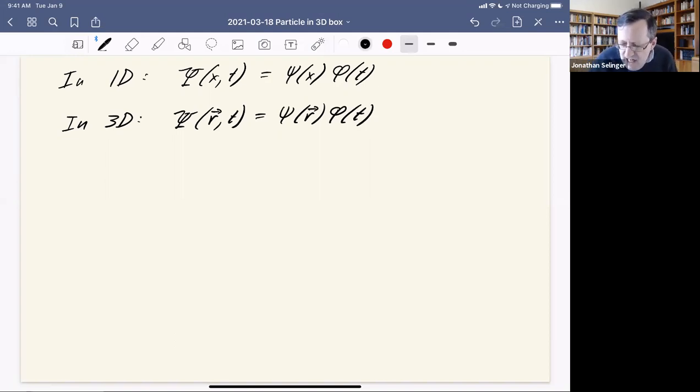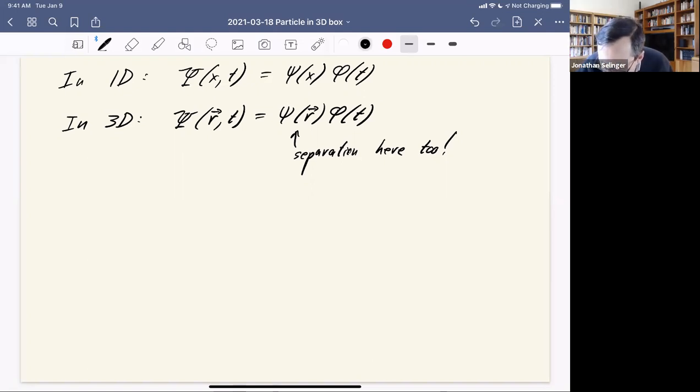But then, even more strongly, we'll do separation of variables here too. We'll assume that the function of position r is a function of x times a function of y times a function of z.